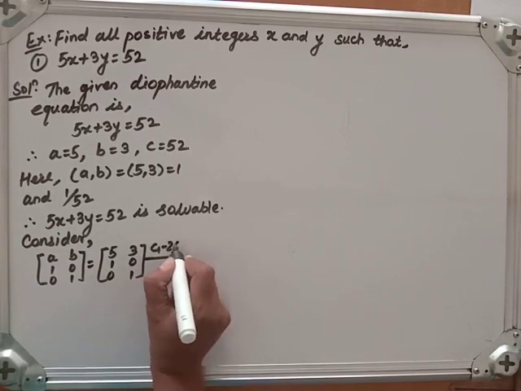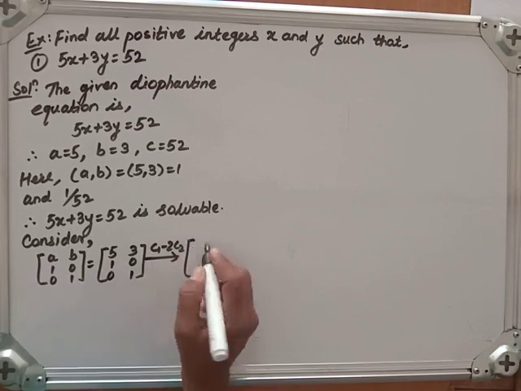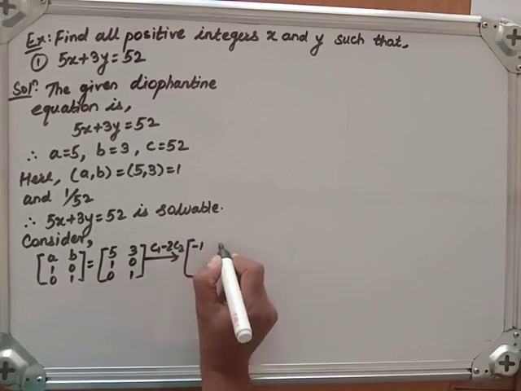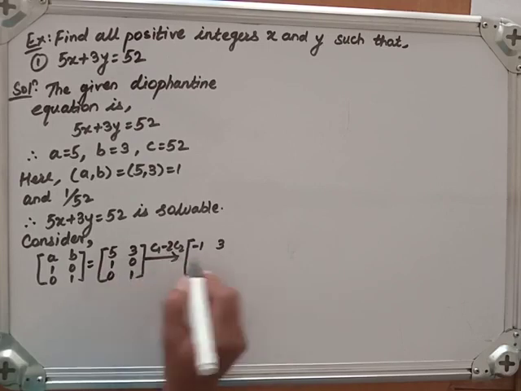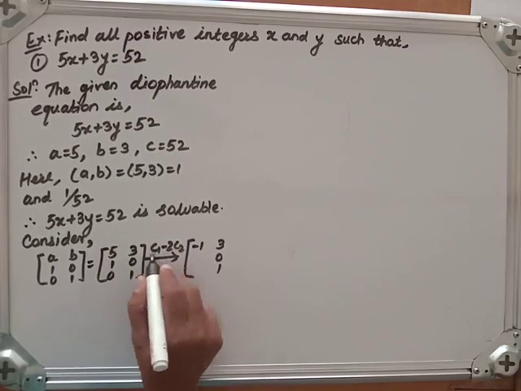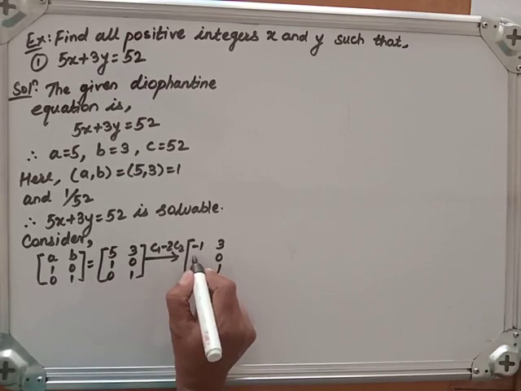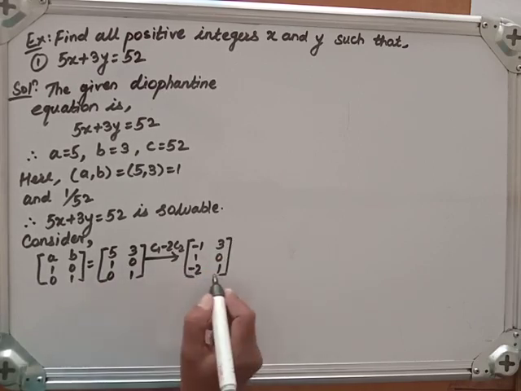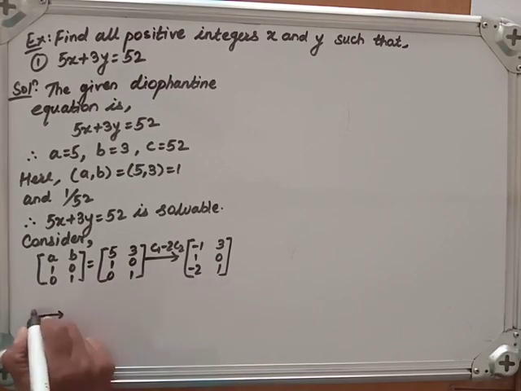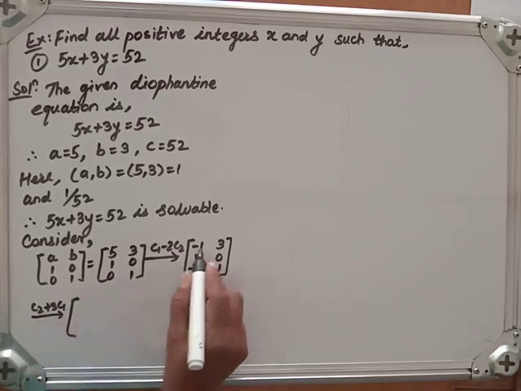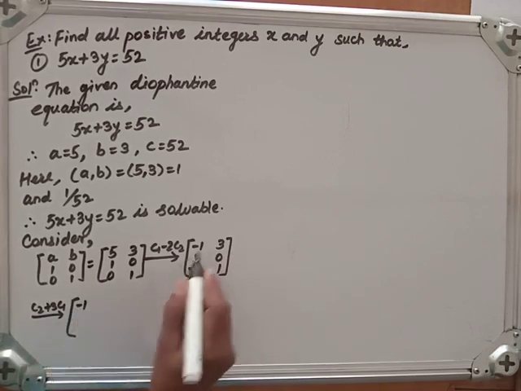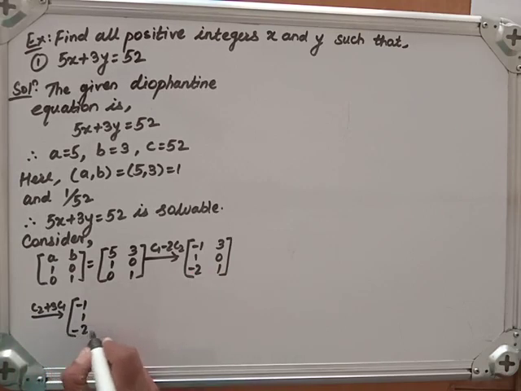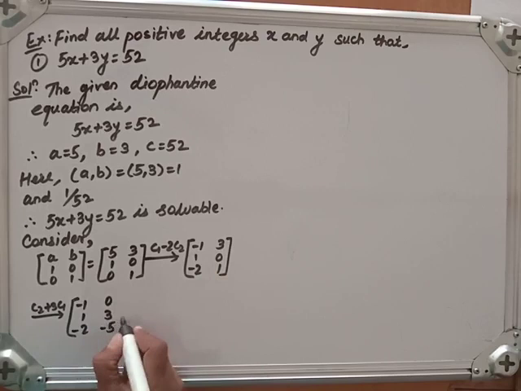C1 minus 2C2 gives minus 1 3 in C1, while the second column remains the same. Then C2 plus 3C1: C1 will be the same, and in C2 the entries are 0, 3 and minus 5.